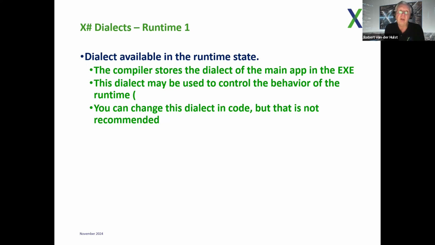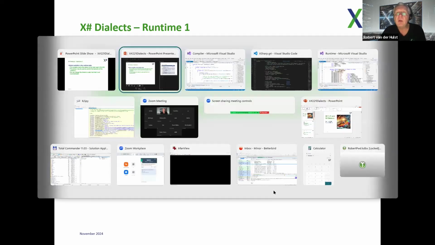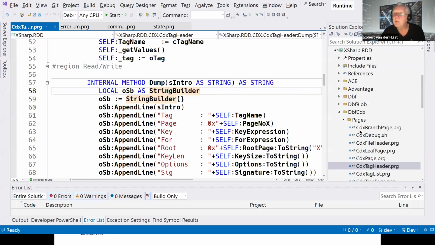Now, it doesn't inspect all the DLLs, but the dialect is expected from the starting exe. So if your app has a C# exe, and then the rest is X#, you will have to manually set the dialect.